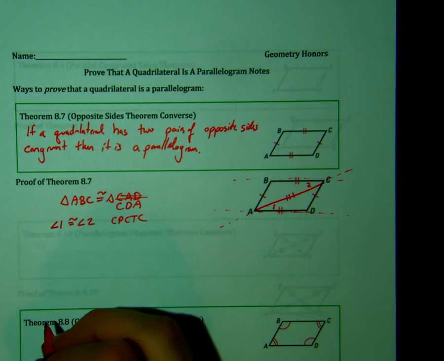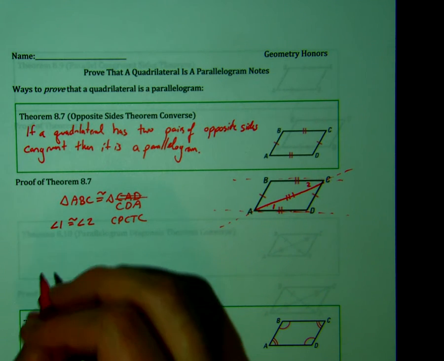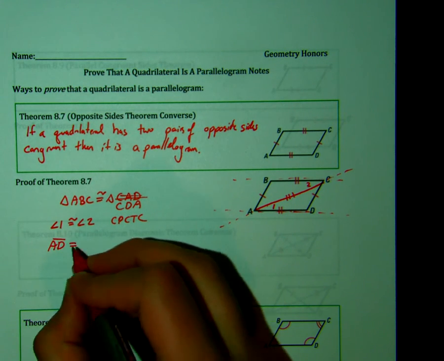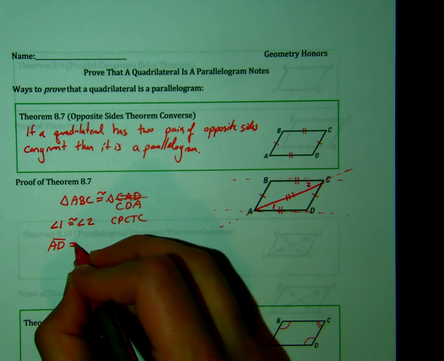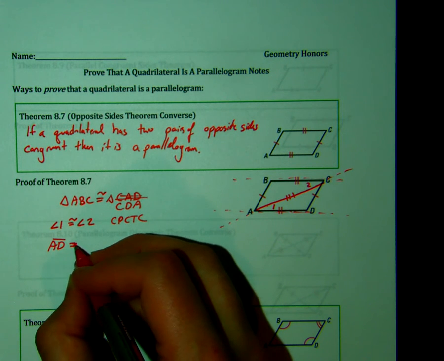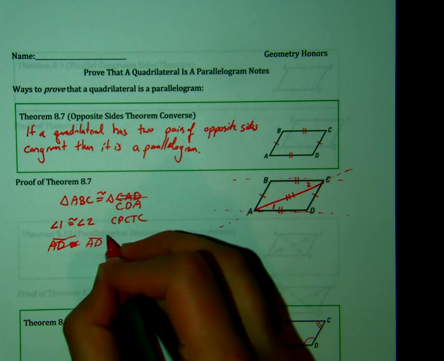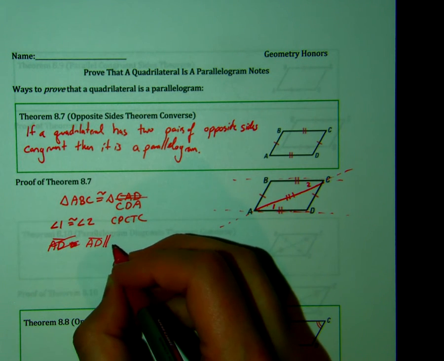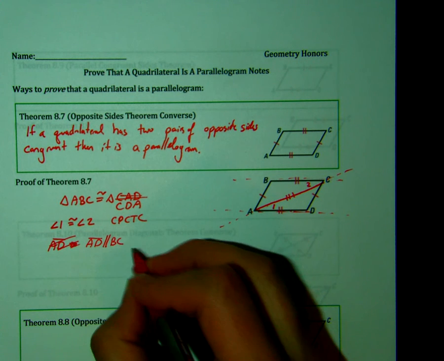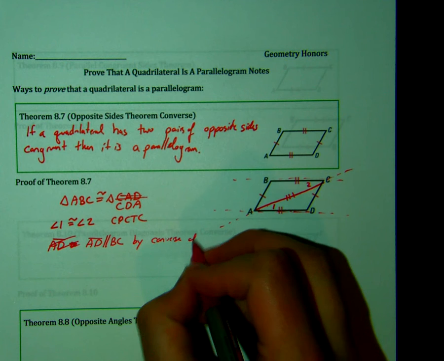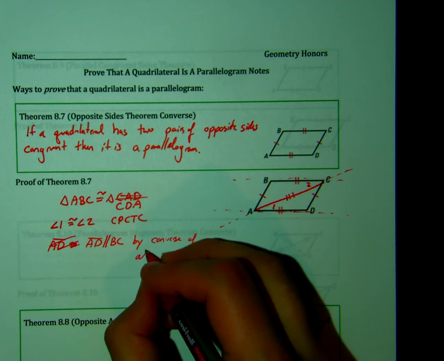So by the converse of the alternate interior angle theorem, we can see that AD is parallel to BC, by the converse of the alternate interior angle theorem.